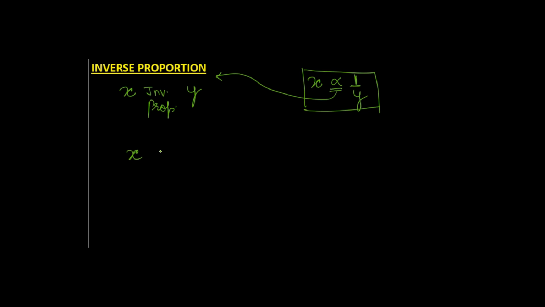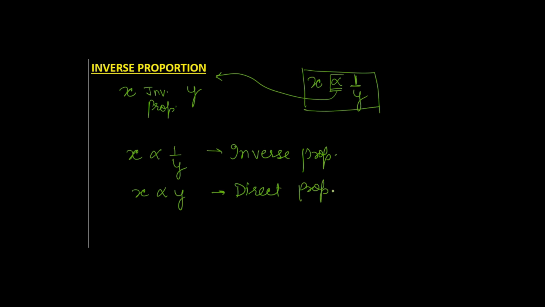So x is inversely proportional to 1 over y. This is the proportion sign, and 1 over y represents the inverse proportion. So this is inverse proportion between x and y. And if we write x is proportional to y, then this is a direct proportion between x and y. Okay, I hope this much is clear to everyone.